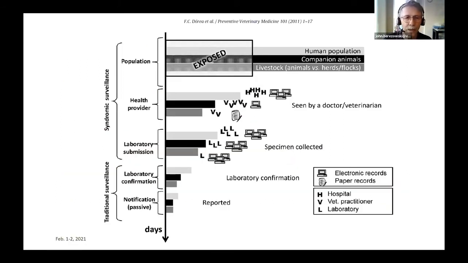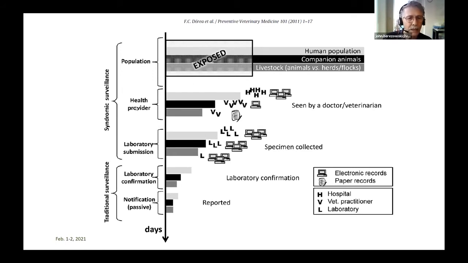So this is based on this. I stole this from Fernando Dorea, on this idea where the top three bars are the size of the human population, companion animal population, and livestock populations. And the top bar shows the number or the proportion of the population that are exposed.